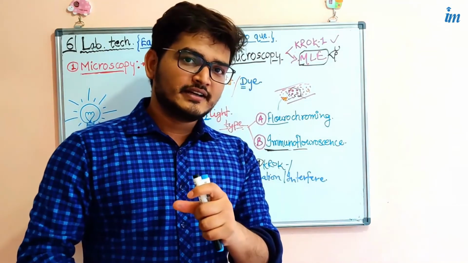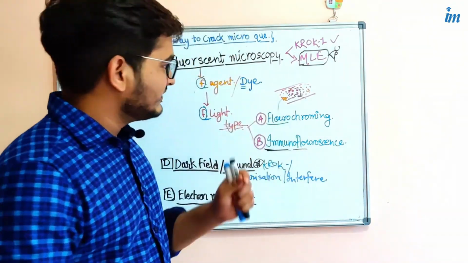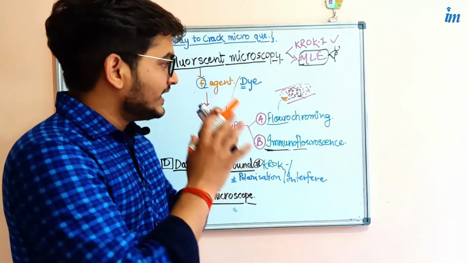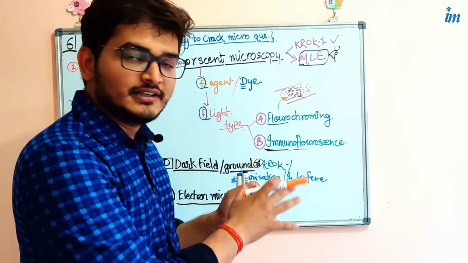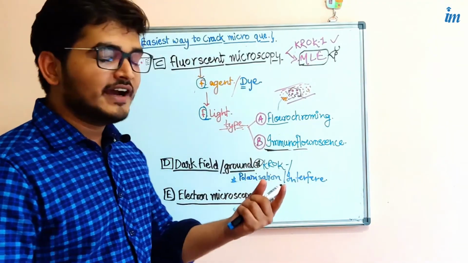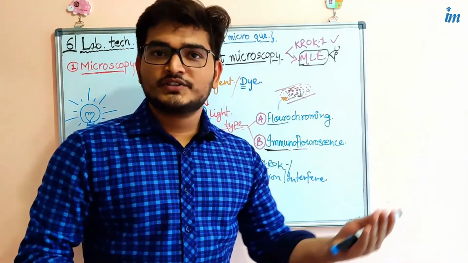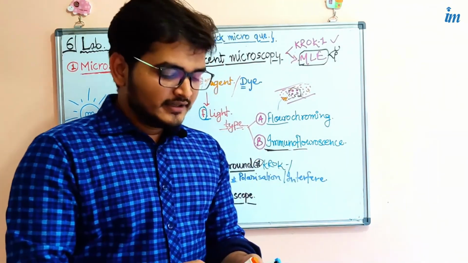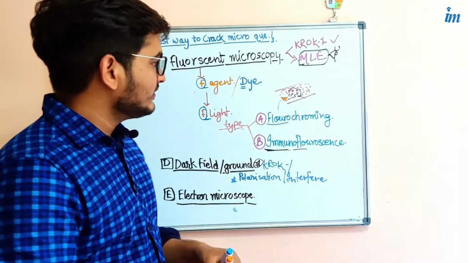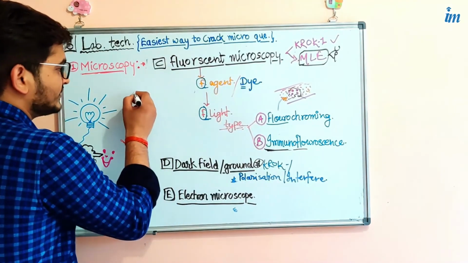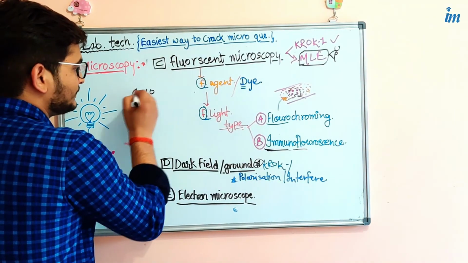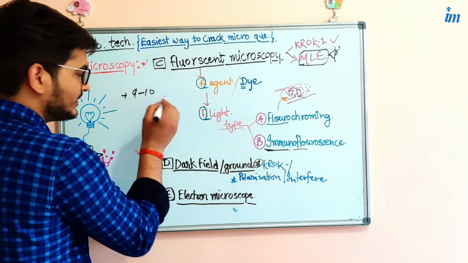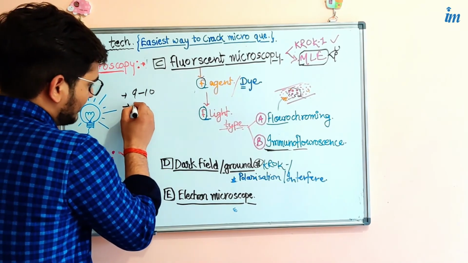In the staining technique, I will tell you the subdivisions again, and on the basis of them I will give you a trick in the last, like the previous one, another trick to solve other questions. And trust me, these are very familiar questions if you observe the CROC questions from the last 9 to 10 years of papers, and also MLE questions.